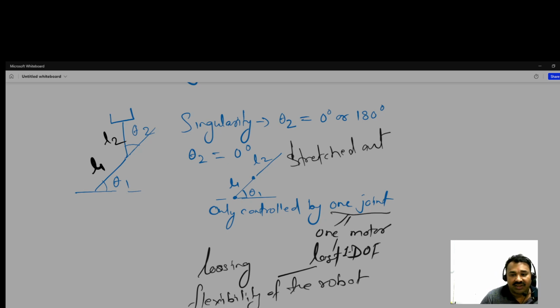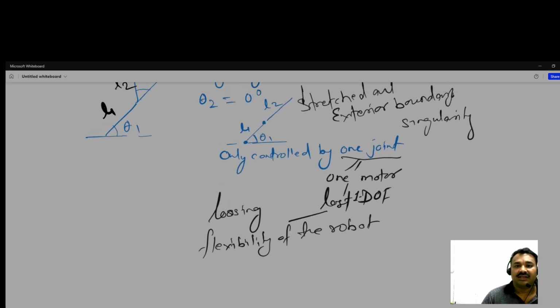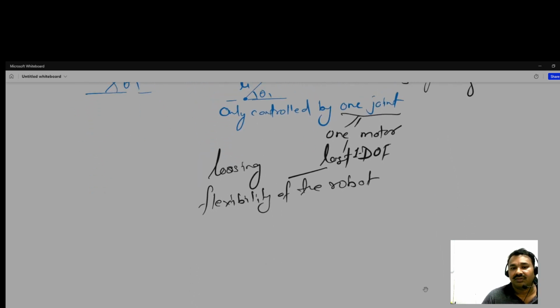There are two types of singularity. So exterior boundary singularity, okay. Here theta 2 becomes 0.